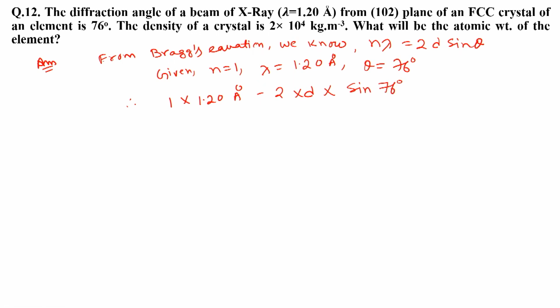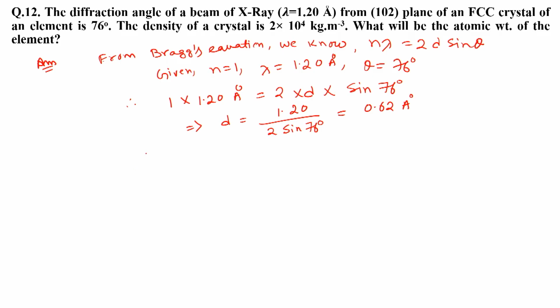From there we can calculate the value of d. The value of d will be 1.20 by 2 sine 76 degree. If we substitute everything, we get the value of d is 0.62 angstrom. This is the value of d.